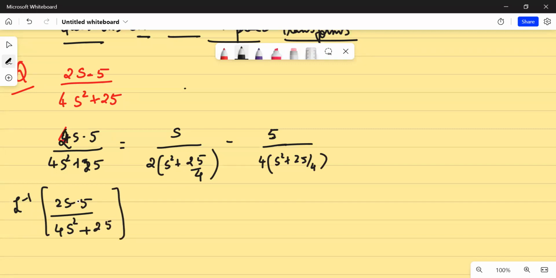So we are doing inverse Laplace transform today, and we are trying to find the inverse Laplace transform of this particular function. Of course, this is an easy thing to do.